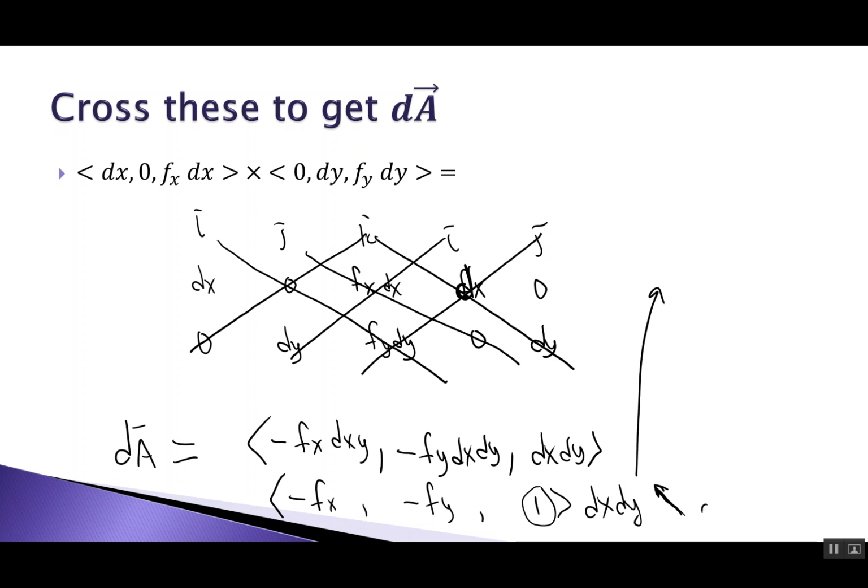This would be oriented upward. If I want this oriented down, I'm just going to take the negative of it. So that would give me a positive fx, a positive fy, and a negative 1 dx dy. And that would be oriented downward.